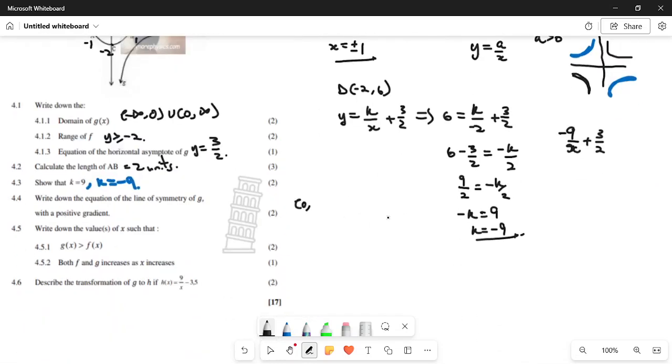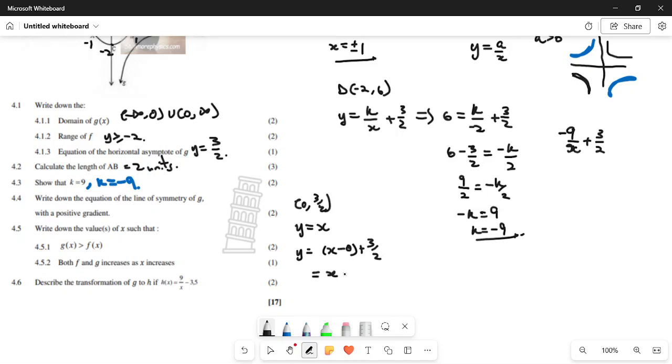So taking that point (0, 3/2), my standard line of symmetry with the positive gradient is just y equals x. But now our function is shifted, so we'll use those coordinates. We'll say y equals x minus 0, then plus 3 halves.